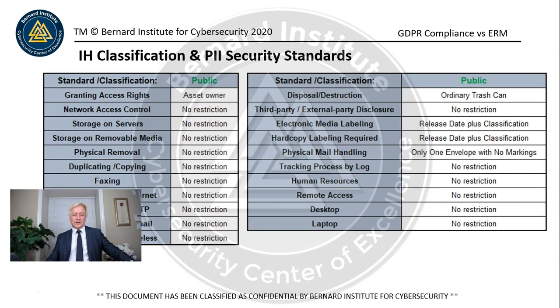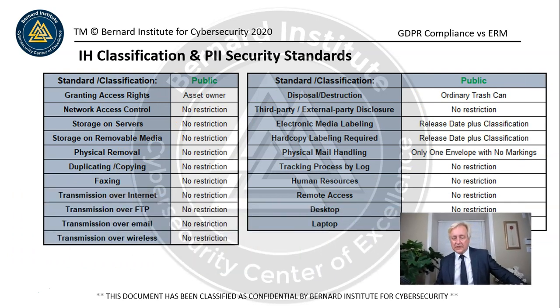Now, each of the classifications, this is based on a 4-scale classification system. So we have public, operational, confidential, and restricted. So remember the circle of trust around the decision points in information handling? Each of the decisions that are made relate back to probably some kind of activity and a standard that gets applied.